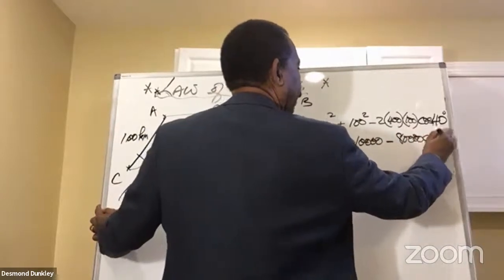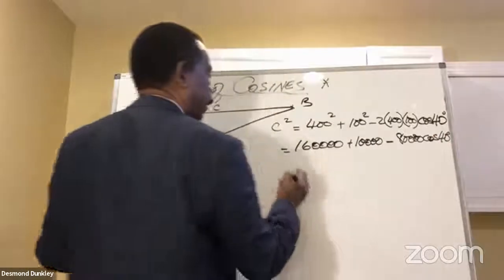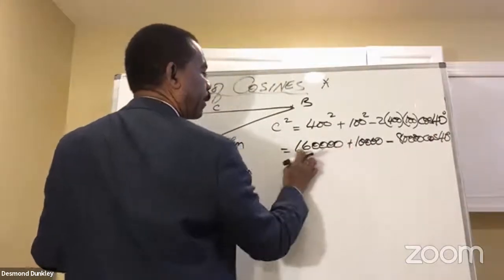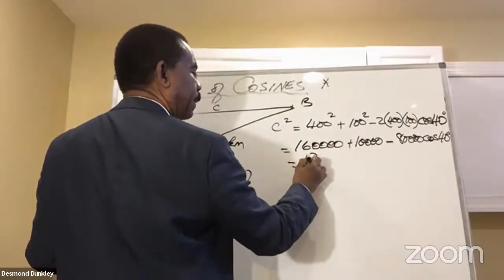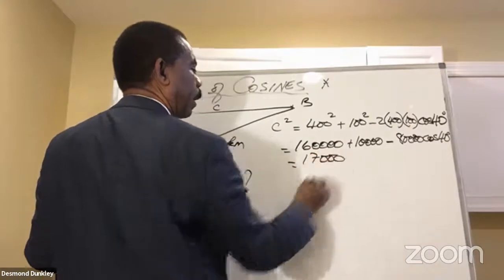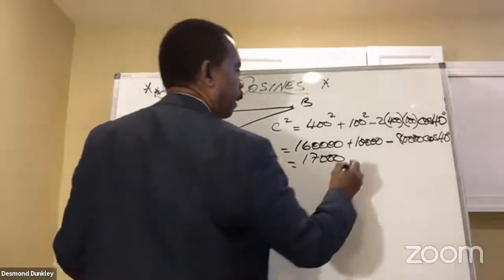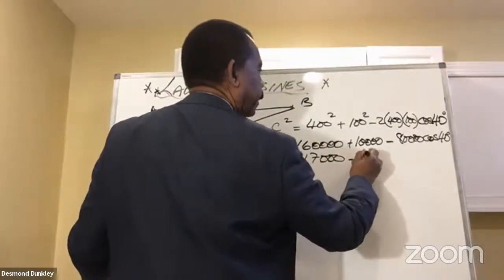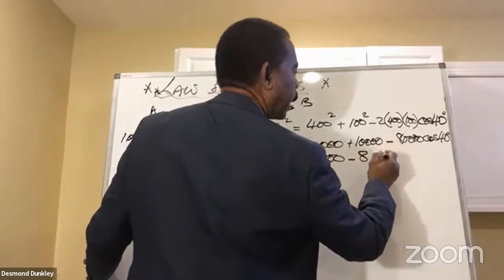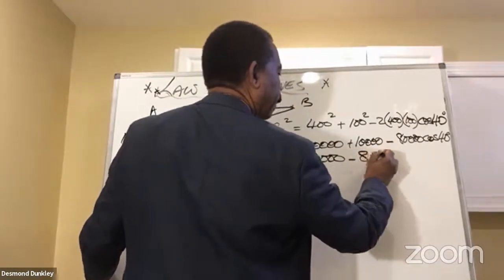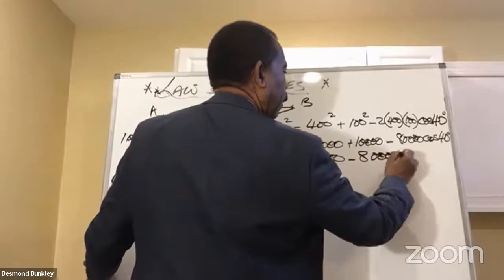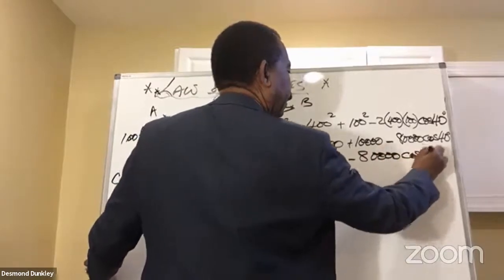Cosine 40. Simplify, add this to this, gives me 17 with 4 zeros minus 8,000 cosine 40.